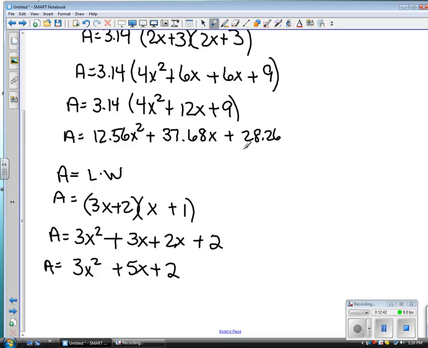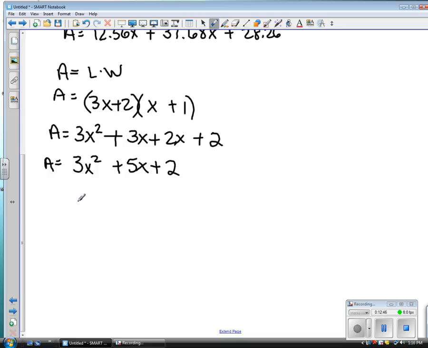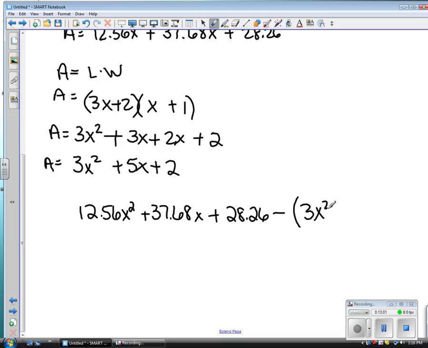Now, I'm going to take this circle area and subtract this bottom area. So I'm going to have 12.56x squared plus 37.68x plus 28.26, and I'm going to subtract, and I'm going to put parentheses here because I'm subtracting all of this.